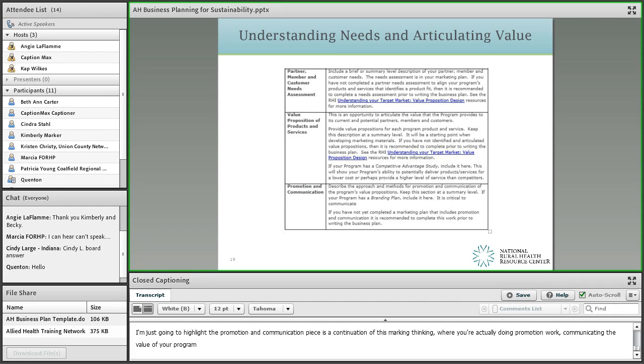Then in the program partners, members, and customers section, this is a list of your current partners and members in particular, but perhaps also a description of those customers. So you're starting to build almost like a profile of who is engaged with your organization.